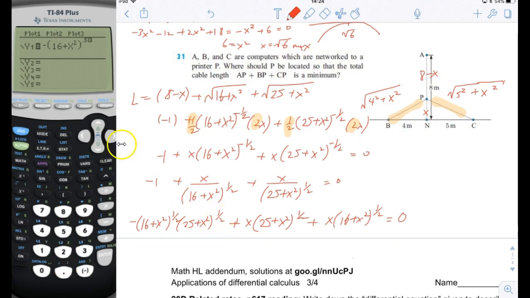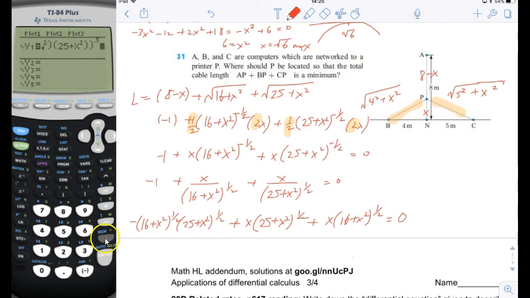Then I multiply that times (25 plus x squared) to the 1/2. Since they're both inside the root function, we could just put both in the root function as long as we put it in parentheses. So here I'm going to put second insert left parentheses, and then second insert right parentheses, left parentheses again, 25 plus x squared, close parentheses, to the 1/2.